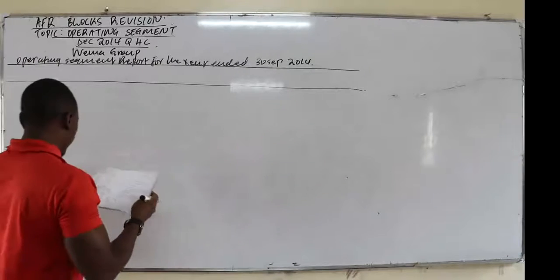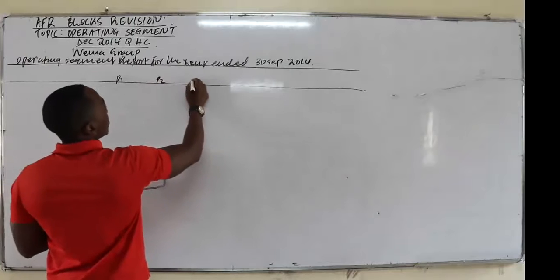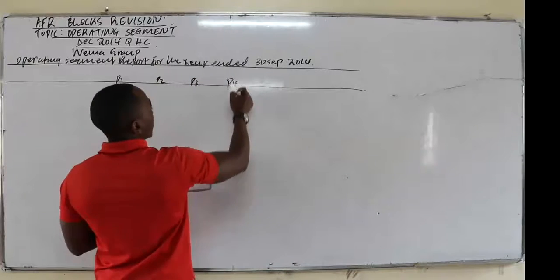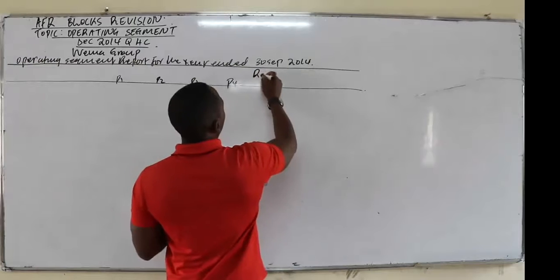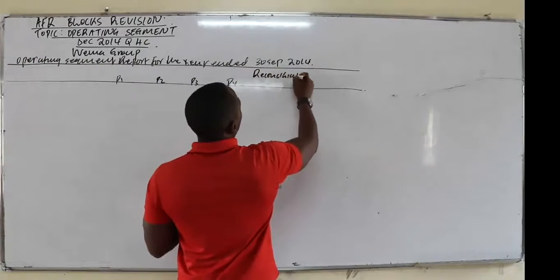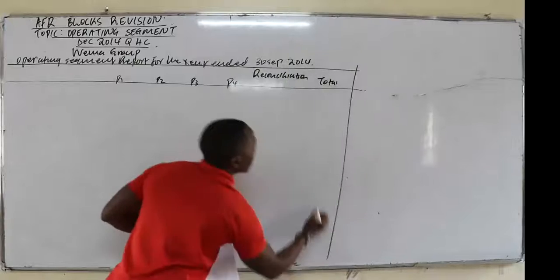So we have segment P1, P2, P3, P4, and then you reconcile. And then you get the totals.